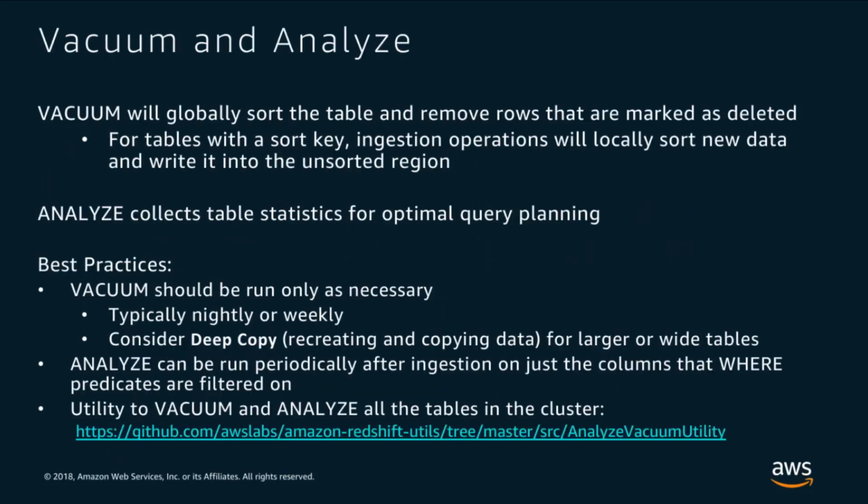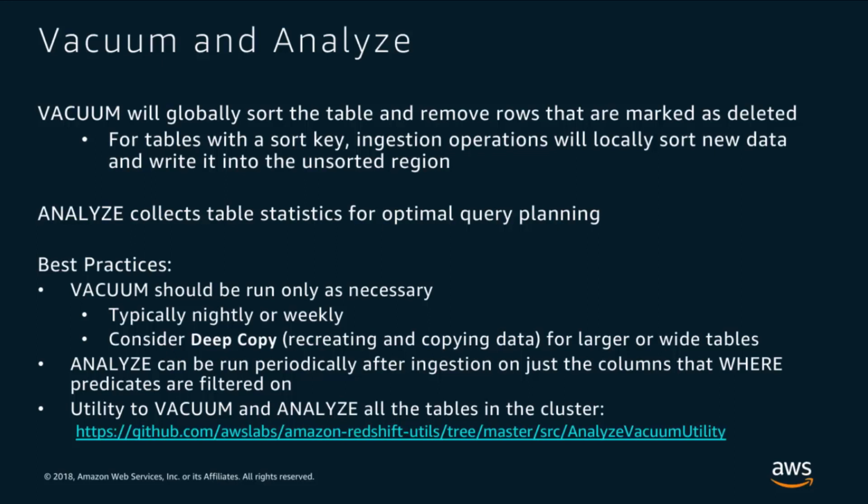Now onto vacuum and analyze. Vacuum is used for removing the deleted records. So those ghosted records that were deleted, this process will clean those records out. It will also globally sort a table. Every time you load data into a Redshift table, Redshift will do a sort, a local sort we call it, but the table eventually does need to be globally sorted.